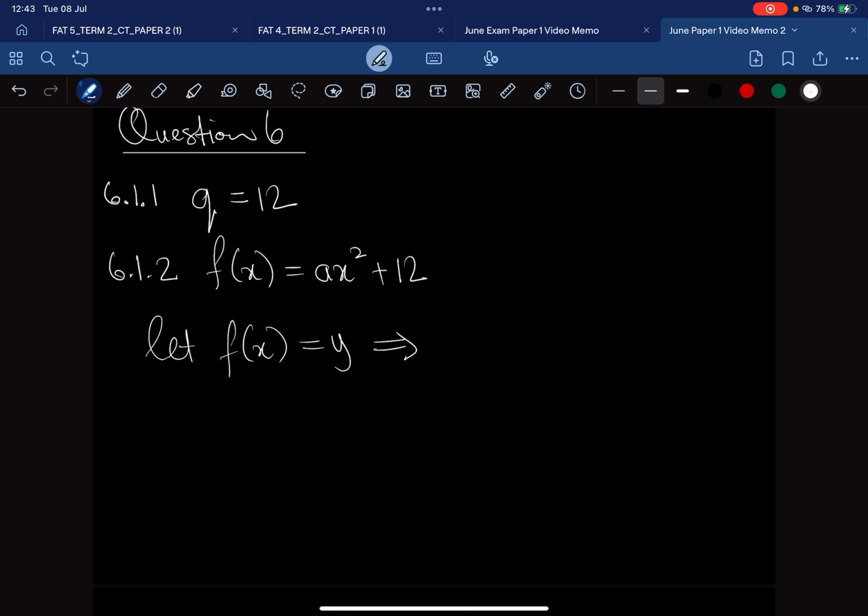So I'm going to write it as such, so that when I substitute x values and y values, it is just easier to work with. I don't want to work with f of x in these cases.